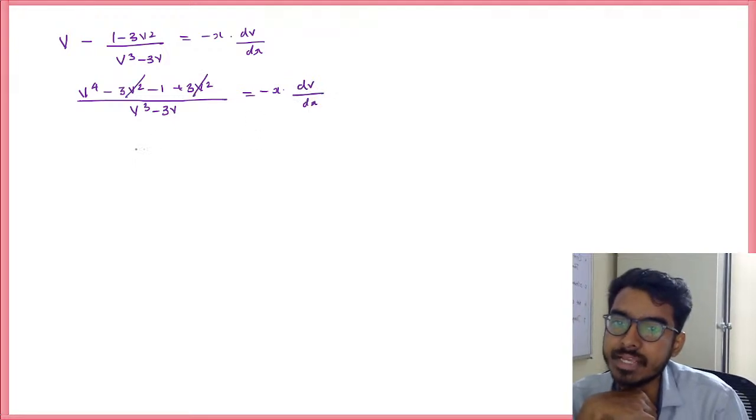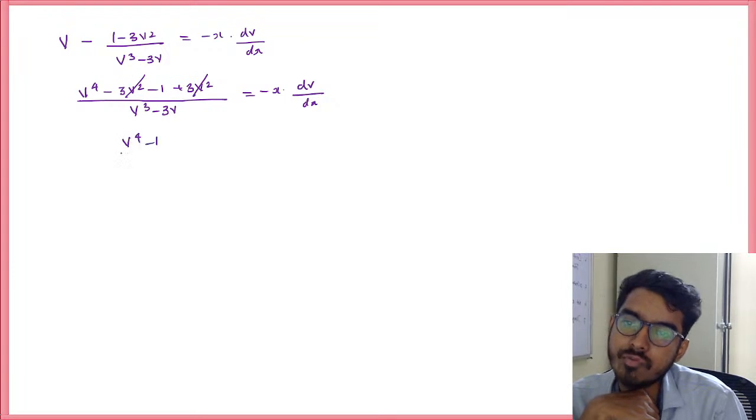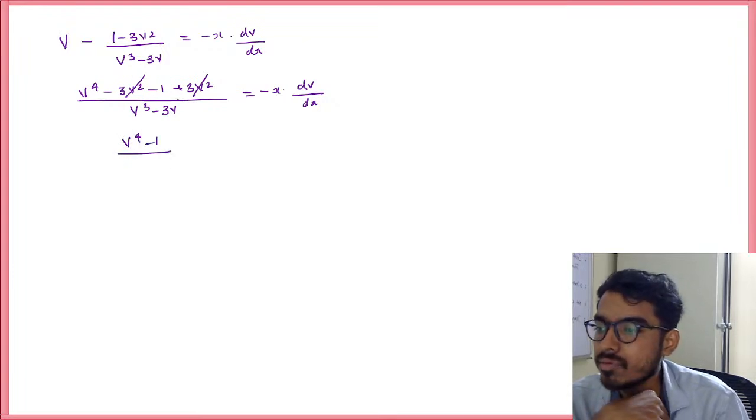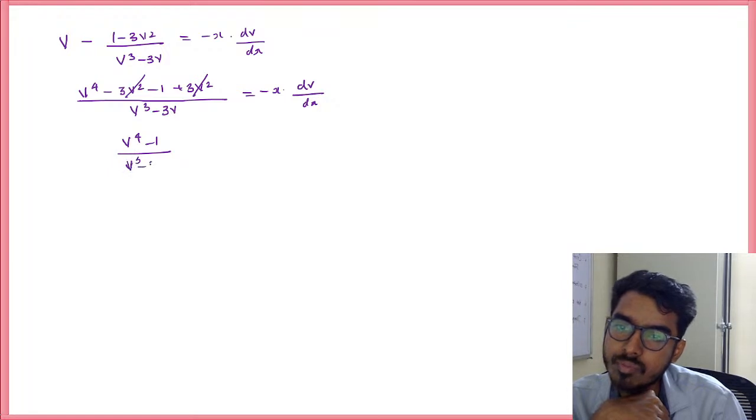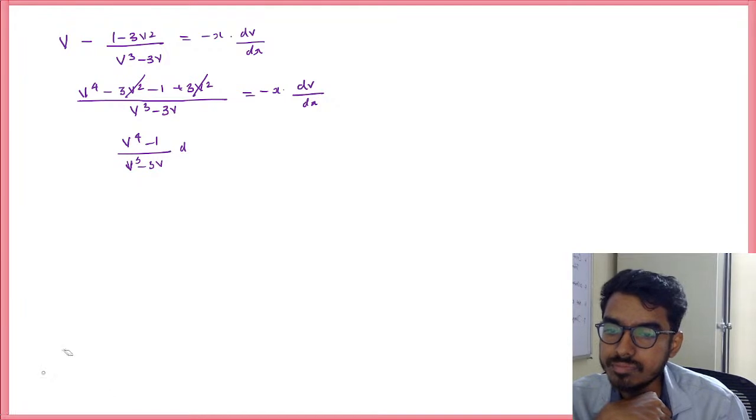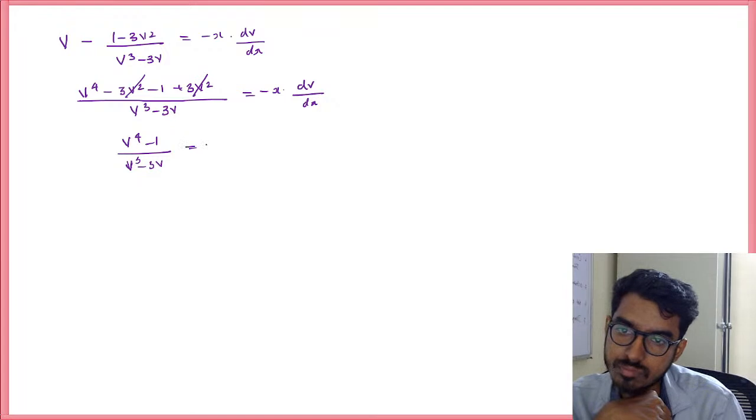These two terms will get cancelled. Now v power 4 minus 1 divided by v cube minus 3v, right? is equal to minus x into dv by dx.